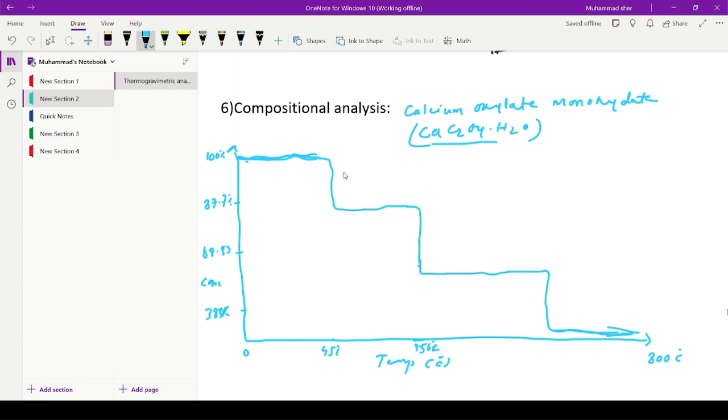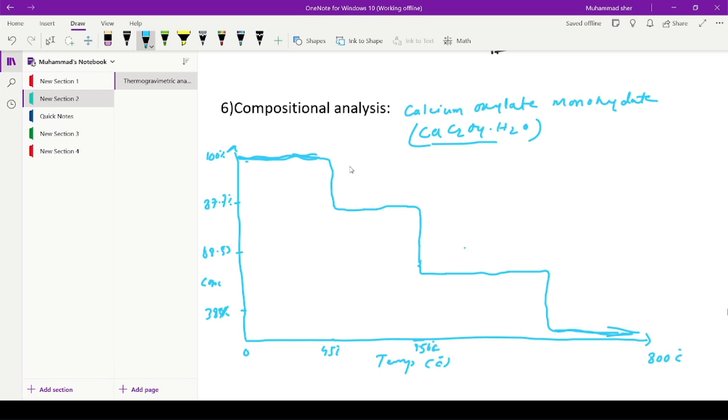At the very first stage, let me take the difference between the final and the initial. We will calculate a different value for every curve, and find out which element has been lost at 40 degrees centigrade, at 150 degrees centigrade, at, say, 300 degrees centigrade, and what the residue is.